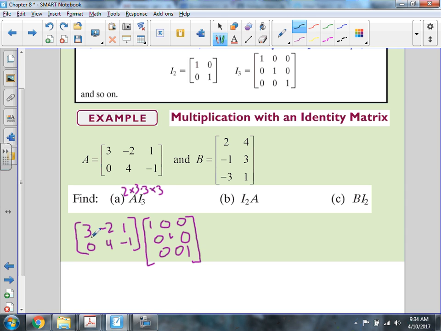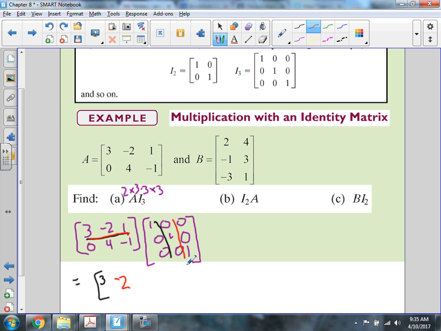So remember, to multiply, I do row by column. So 3 times 1 is 3. Negative 2 times 0, 1 times 0. That's zeros. Then I do row by column. So I have 3 times 0 is 0. Negative 2 times 1 is negative 2.